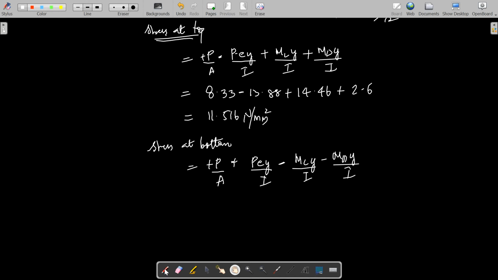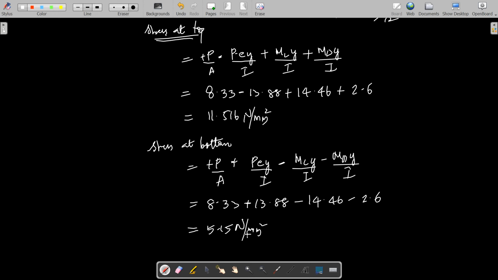So these values you will get as 8.33 plus 13.88 minus 14.46 minus 2.6, and this value you will get as 5.15 Newton per mm square.